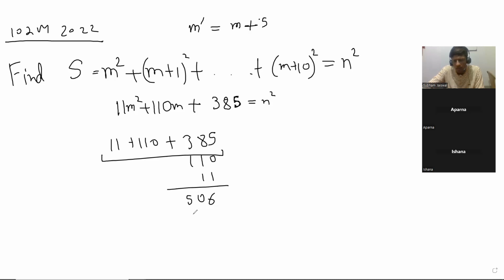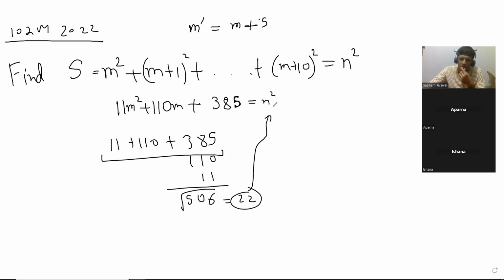What is going to be its square root? Roughly 24? No, 22. Okay, so you're saying that n has to be at least 22? Yes. That is fine, but how does that help you in the next step?